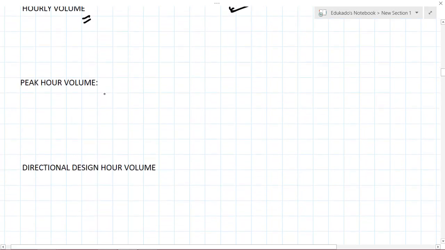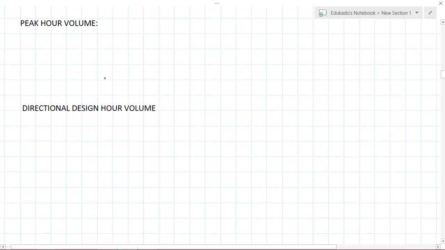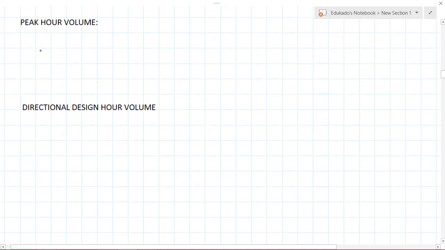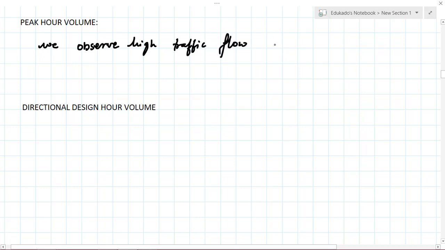So the first point is peak hour volume. What is this? This is when we observe a high traffic flow for a particular hour.